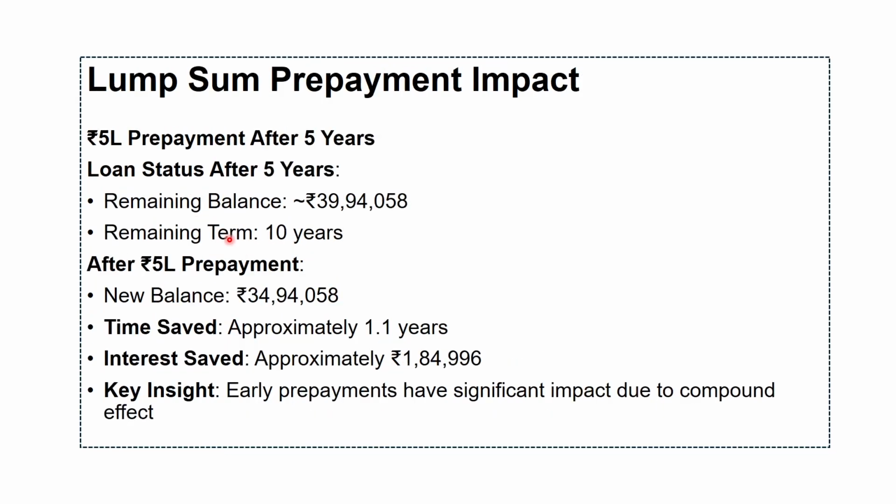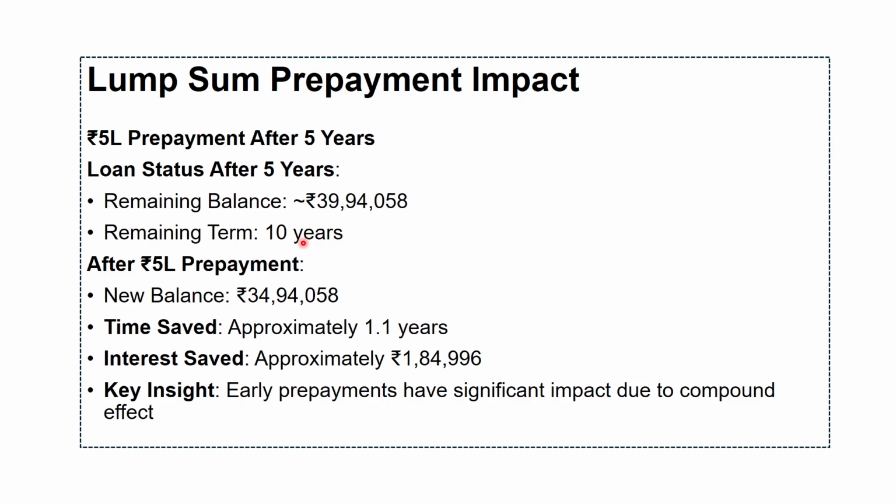Then we go for lump sum prepayment impact. So, now let us look at it. So, after 5 years, our 60 lakh loan has a balance of this, which is remaining. A 5 lakh prepayment reduces the balance to this with 10 years remaining, right?